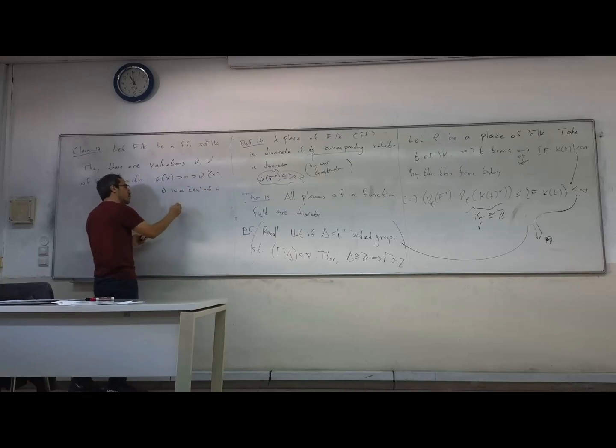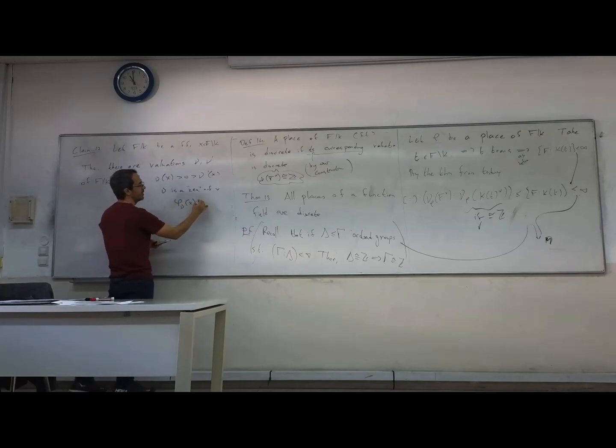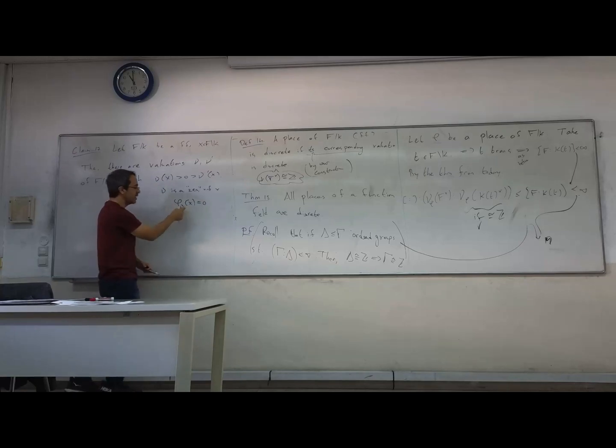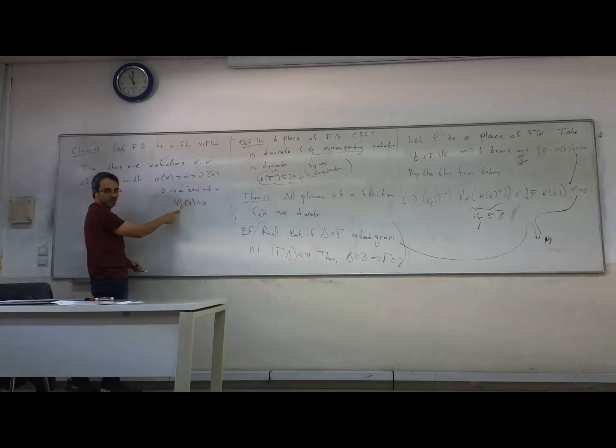It really is the case, because if you look at phi that corresponds to V, that's the evaluation. So if you evaluate X at V, what should you get? 0, exactly. That says X has a 0 at V. Phi of the point at the function is evaluating the function at the point.